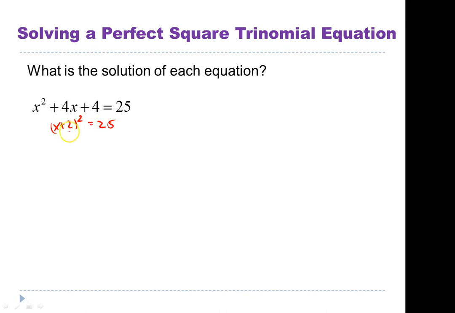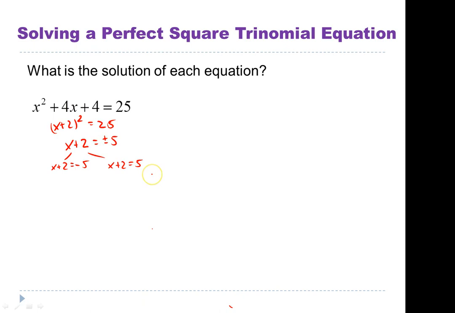Even though there's a b term, when we have a perfect square trinomial that allows us to take the square root of both sides, which would give me x plus 2 on the left and plus or minus 5 on the right, then I could solve this as x plus 2 equals negative 5 or x plus 2 equals positive 5, because that's what plus and minus 5 mean.